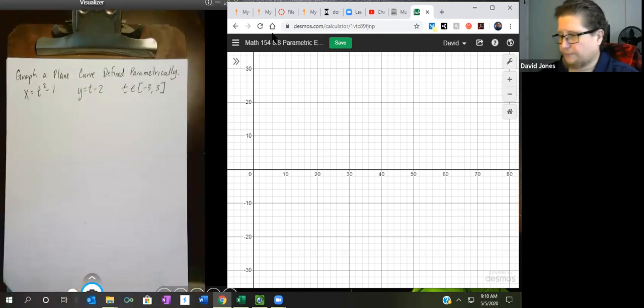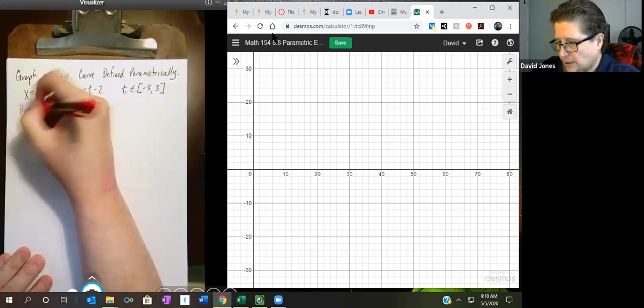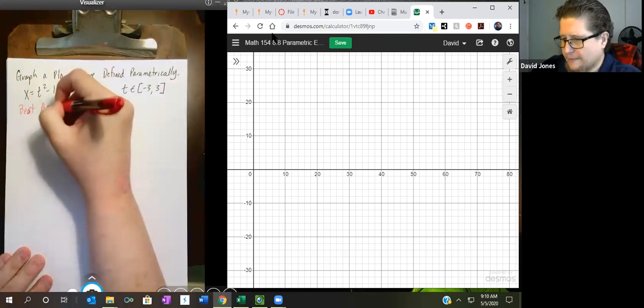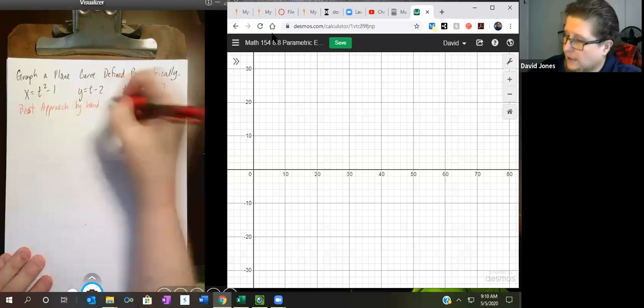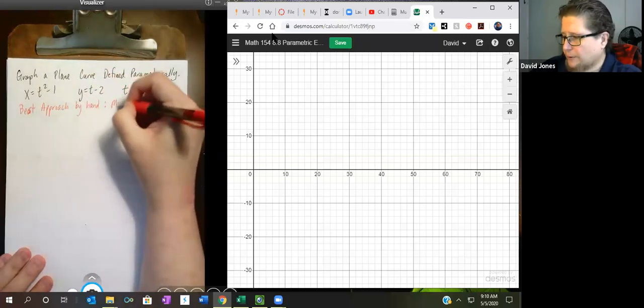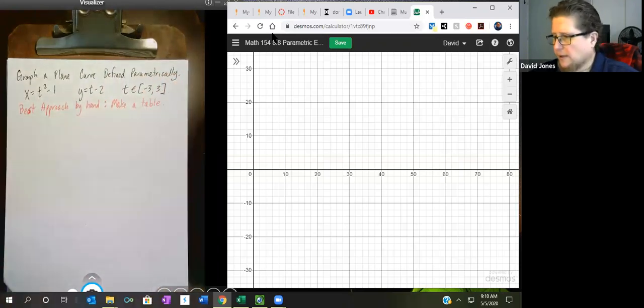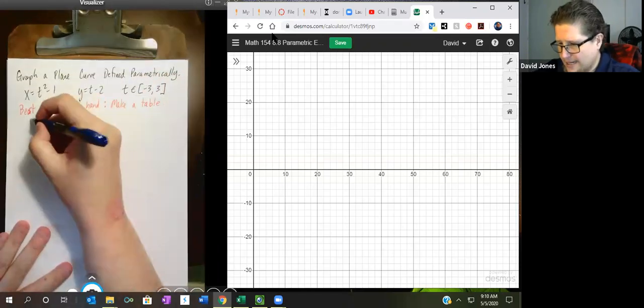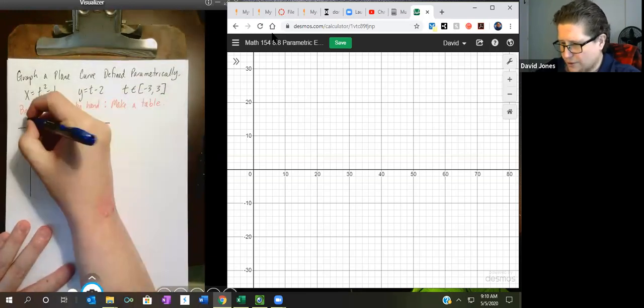Best approach, by hand. Make a table. In one column, we'll have t, and we'll range through all the integer values.